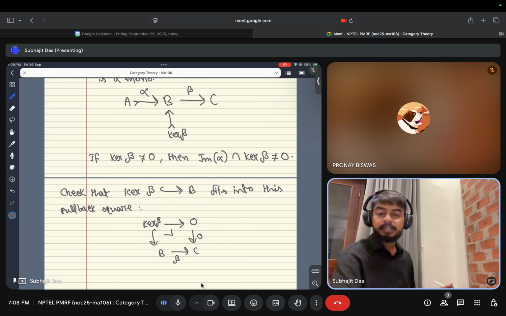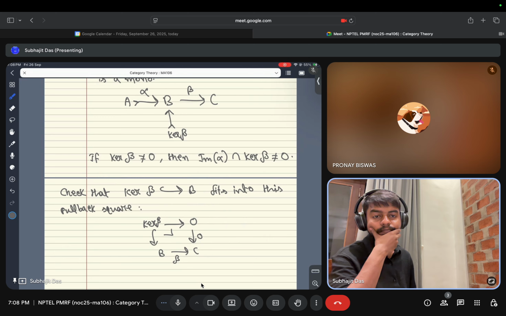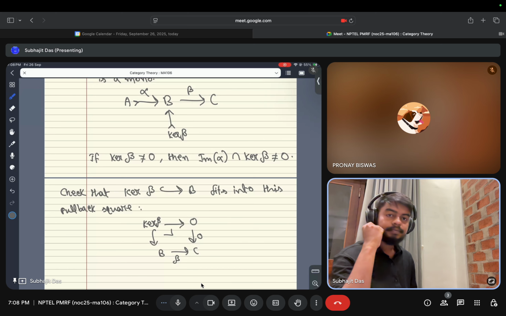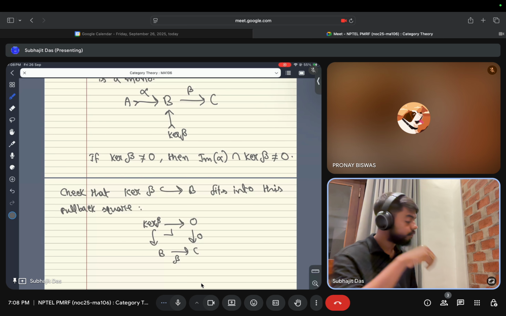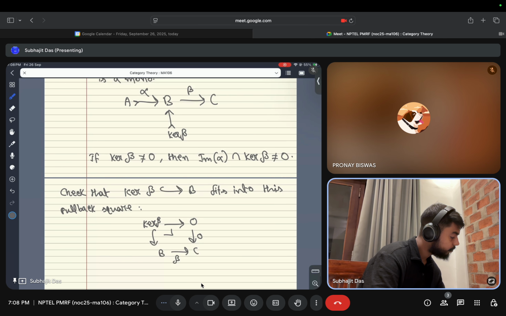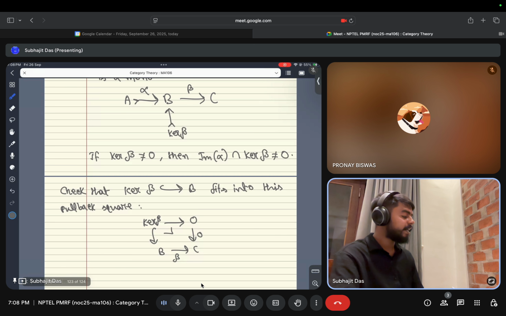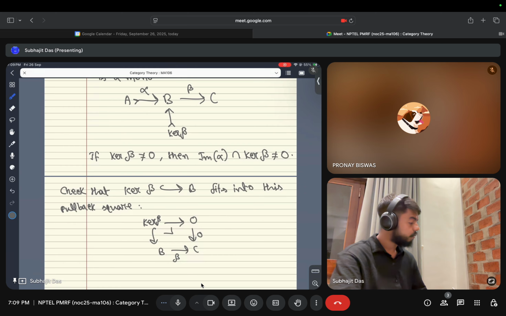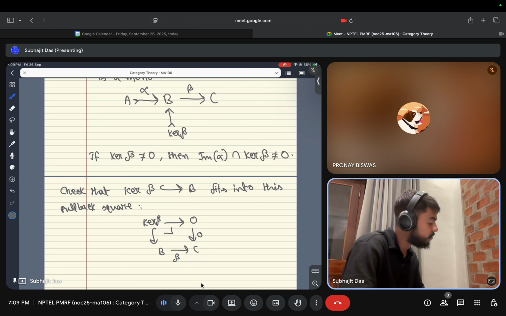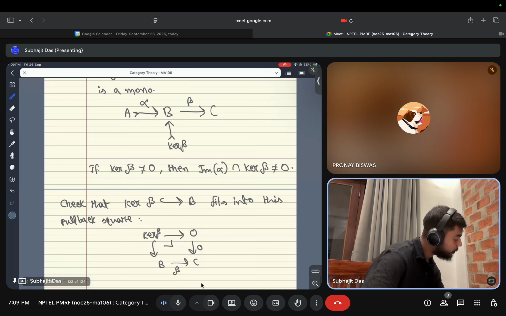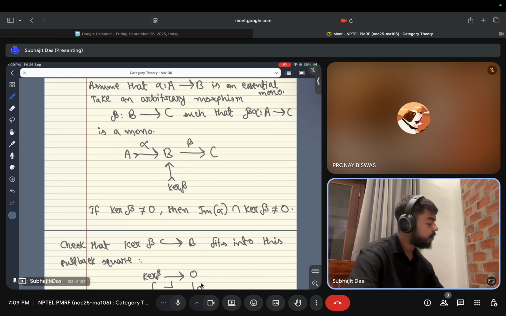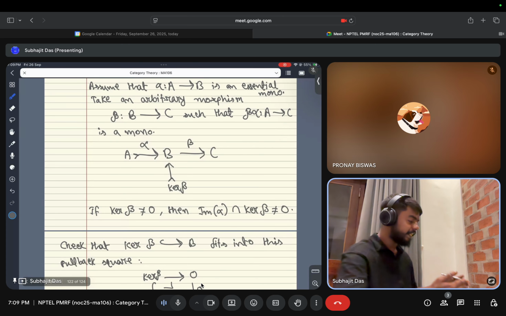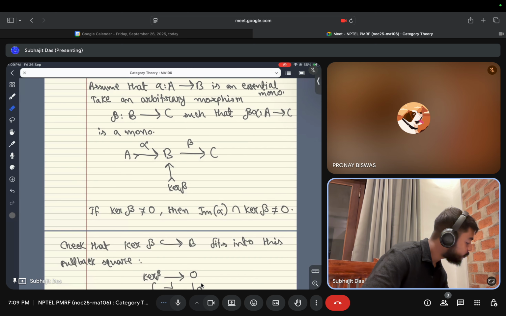Okay, now how do we use this fact? How can we make use of this fact? What we want is image of alpha intersection kernel of beta should be non-zero, right? So how do we make use of this fact? And in fact, it would be better if we work not in the negative sense, right?